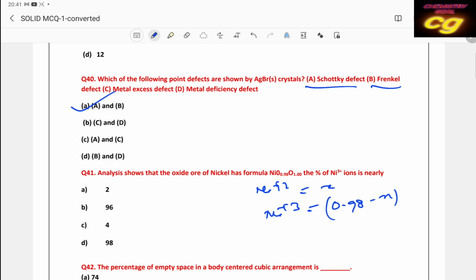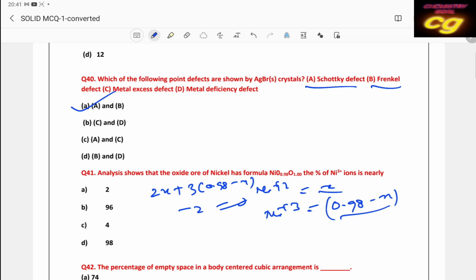So if you put the formula, 2 into x plus 3 into (0.98 minus x) minus 2 equal to 0, because it is NiO, the O charge is -2 and the total +3 is multiplied by 3, and +2 is x, so 2x is equal to 0.